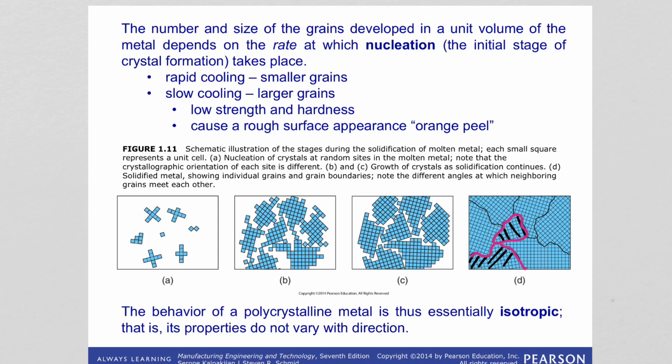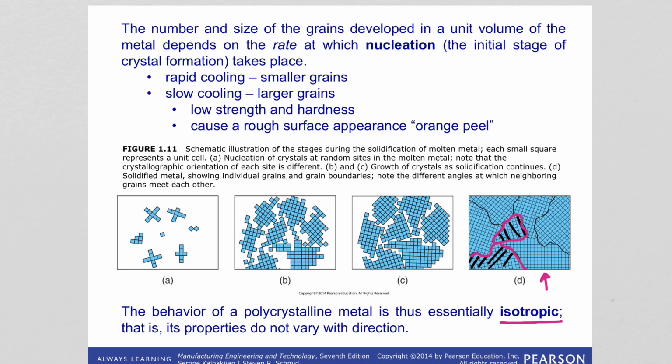This is called a polycrystalline structure. Since it has grains in which the atoms are aligned in random directions, in all directions in general, the behavior is going to be isotropic compared to a single crystal.